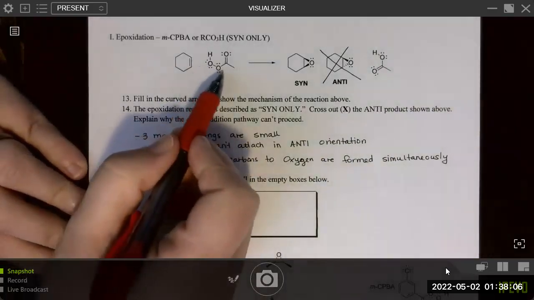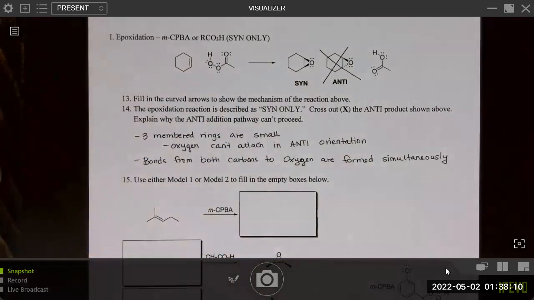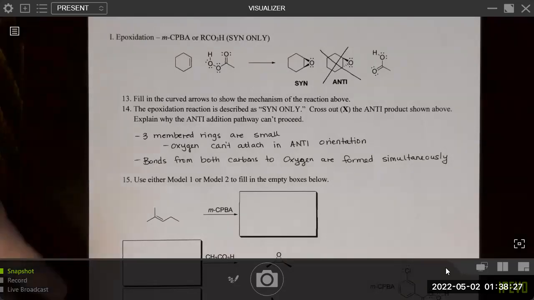So the weakest bond here is the oxygen-oxygen bond. Remember when we talked about radical chemistry, that bond was relatively low energy, weak, it's easy to break through either light or heat. For the same reason, we're going to be able to break that bond easily through nucleophilic attack.